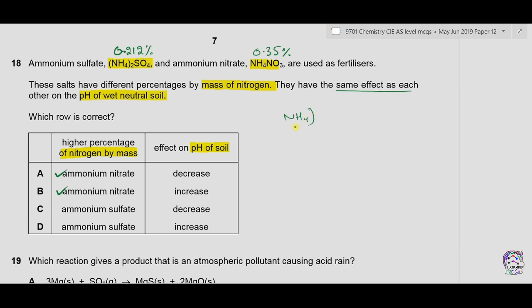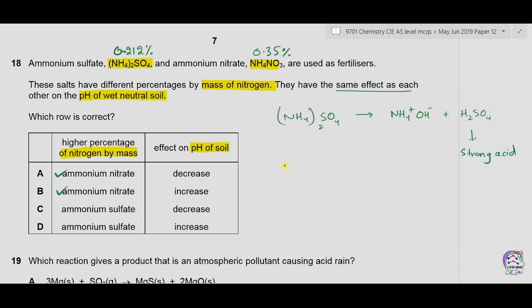Ammonium sulfate, when dissolved in water, produces ammonium hydroxide and sulfuric acid. Now sulfuric acid is a strong acid, so it will decrease the pH of soil.